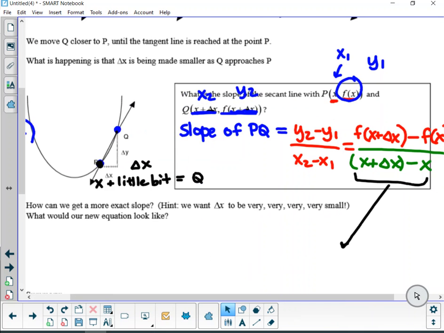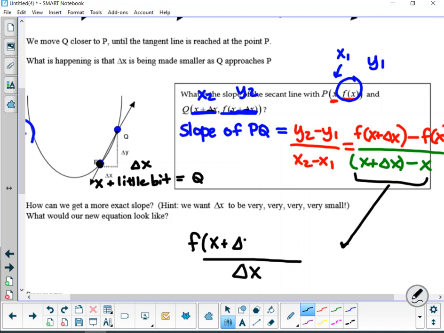So this is f of x plus delta x minus f of x, all divided by delta x. Now, that's the slope between points P and Q.